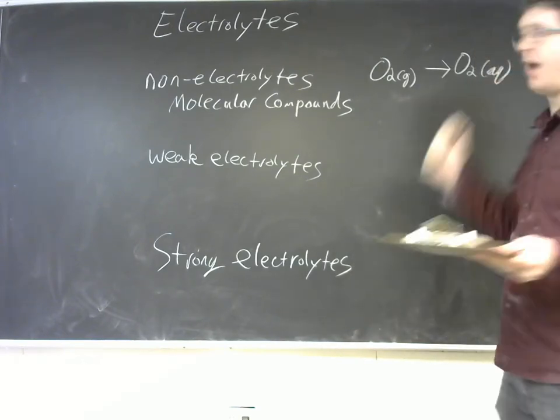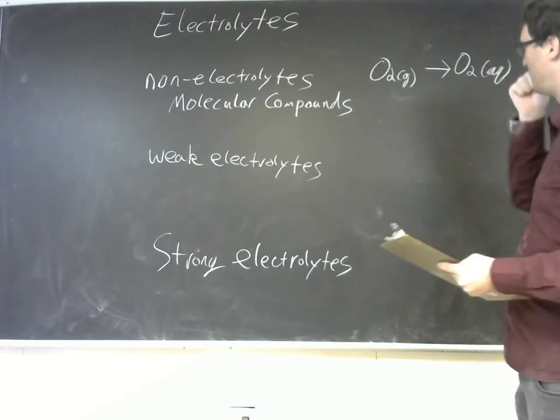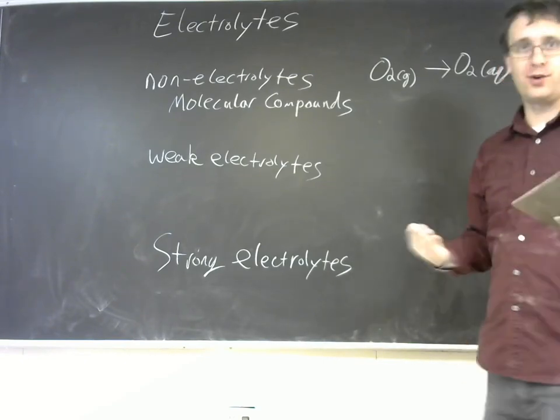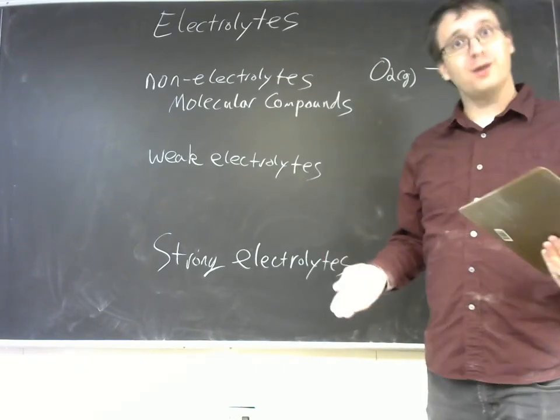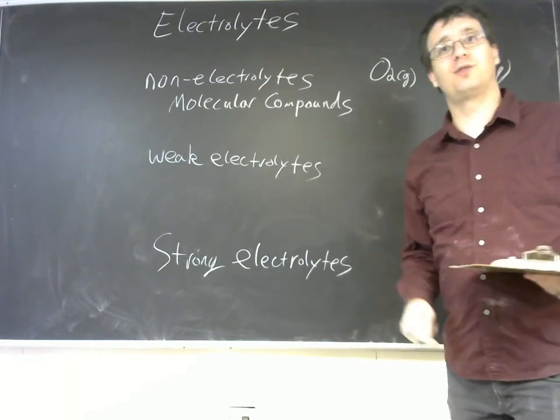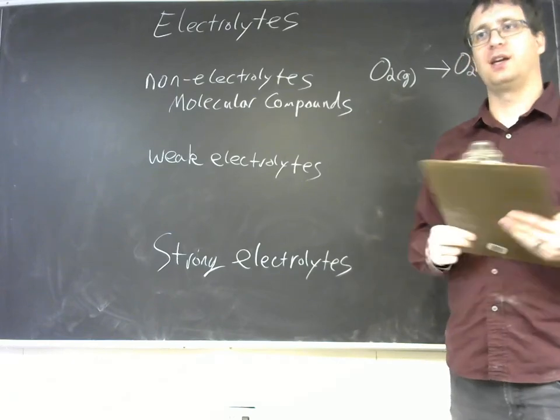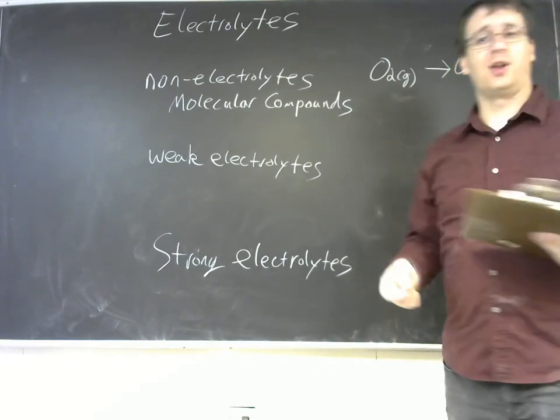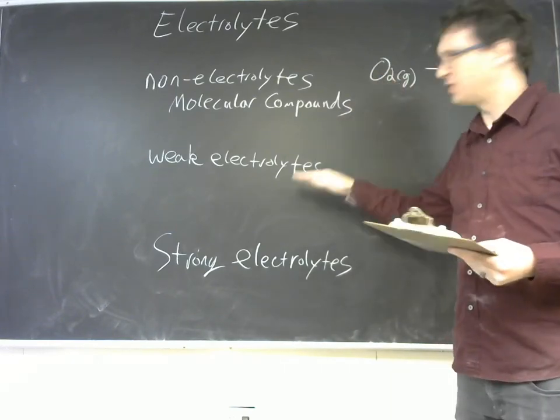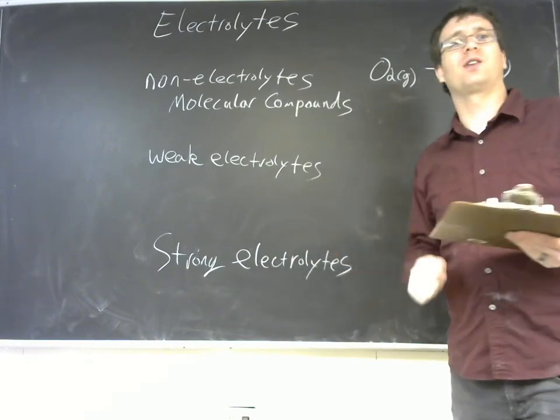Well, there's no ions to be seen, and so oxygen is a non-electrolyte. Another non-electrolyte would be sugar. When sugar is dissolved in water, it doesn't break apart to form ions. It is a non-electrolyte. And this will make a lot more sense as we contrast non-electrolytes with weak electrolytes.